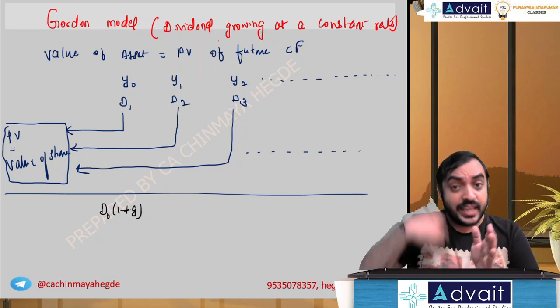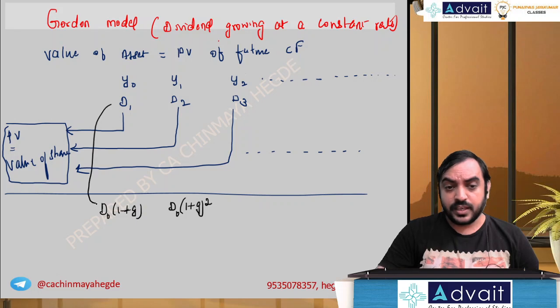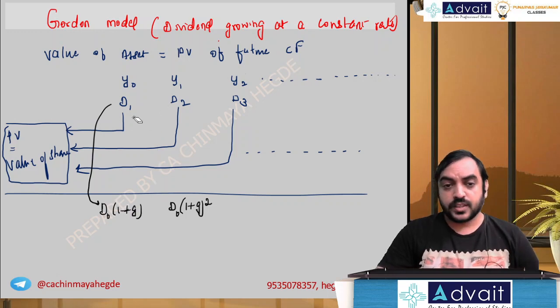Second year, again 1 plus g, a multiplicative model. So what will be the second year dividend? D1 will be D0 into 1 plus g. D2 will be D0 into (1 plus g) whole square. Similarly, D3 will be D0 into (1 plus g) to the power of 3.